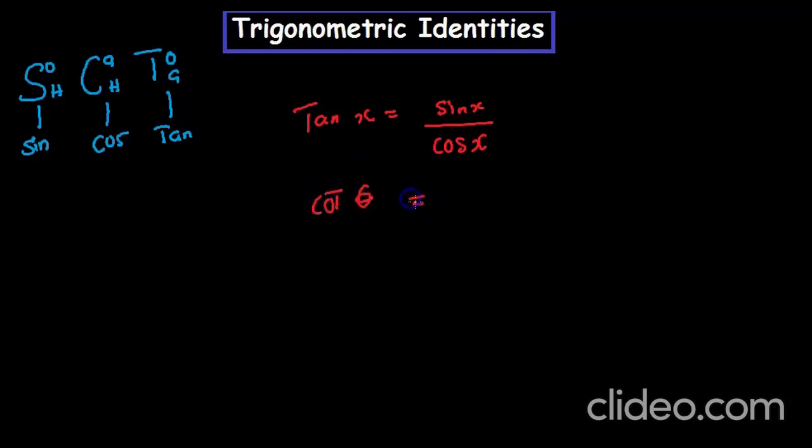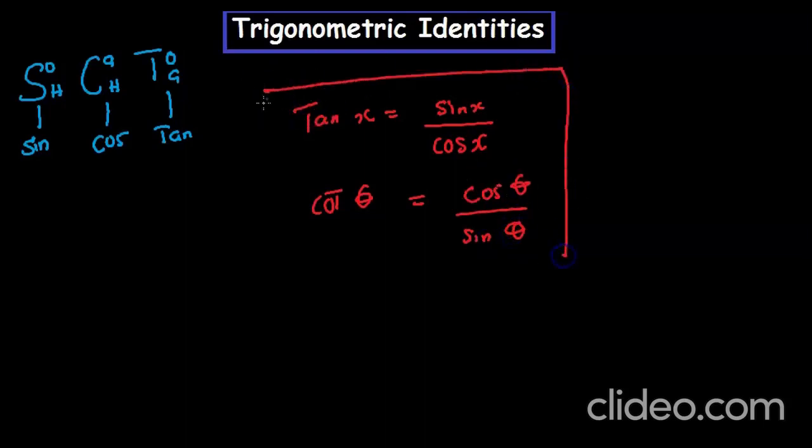In this case, this is going to be cos theta divided by sin theta, which look really similar. In the case of quotient identities, this identity expresses the tangent function in terms of sine and cosine.